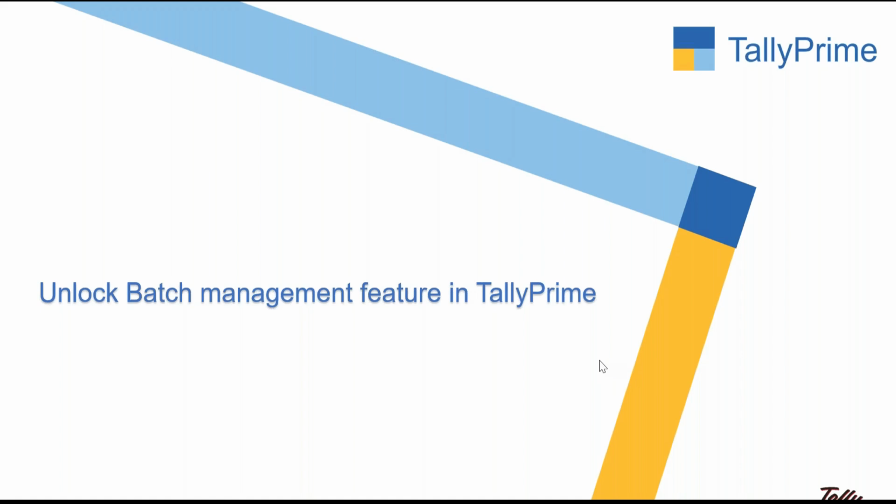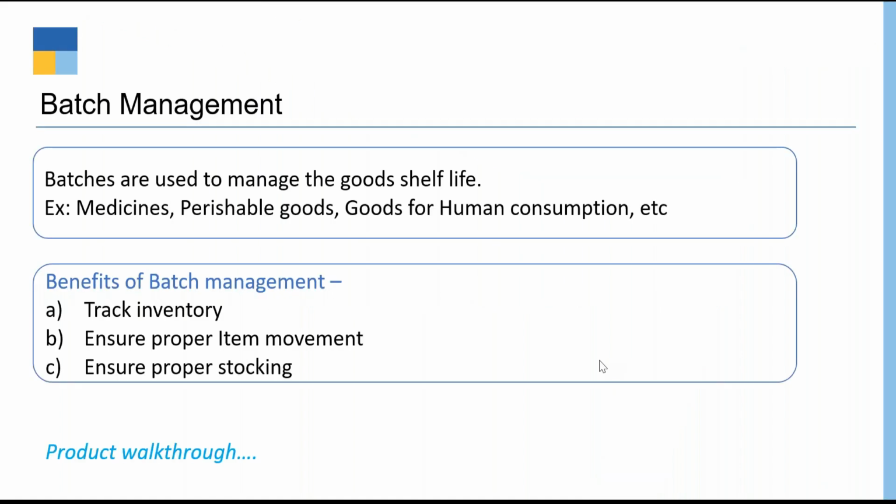management feature. Right. So first of all, when I talk about batch management, what exactly is the purpose of enabling batches? Usually batches are used to manage the goods' shelf life. For example, if you have a pharmacy wherein the primary goods are medicines, or you have perishable goods or goods for human consumption, like a retail store wherein the goods are related to human consumption, like pulses, cereals, right?